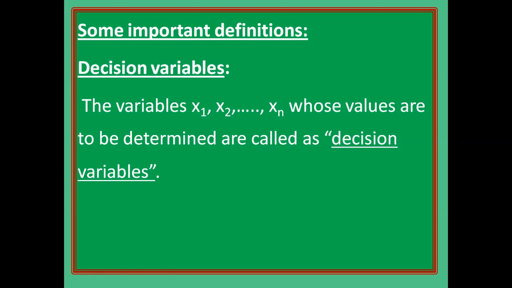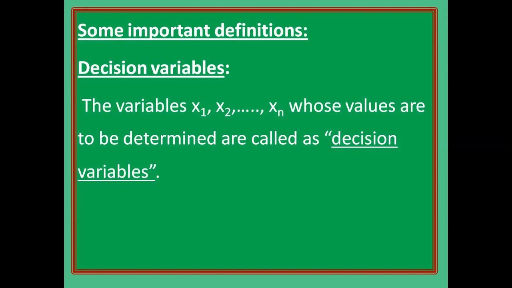Whatever we will be defining initially, the decision variables, those values identification, calculating or determining would occur at the end step of solving linear programming problem. That's why we are defining these decision variables to be the variables x1 up to xn whose values are to be determined or calculated.